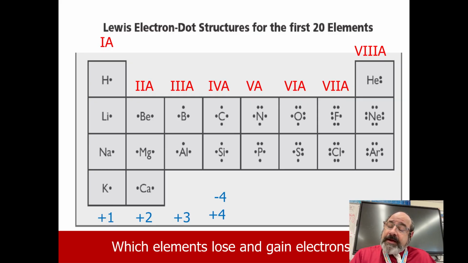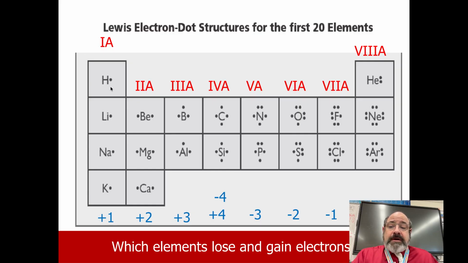But now we have nitrogen. They have 5. They can either lose 5 or gain 3. Aha! Now they have another choice. They can gain the 3, and they have 3 more negatives, so they're -3. Oxygen wants 2 more, so they get to be -2. And halogens want 1 more, they become -1.